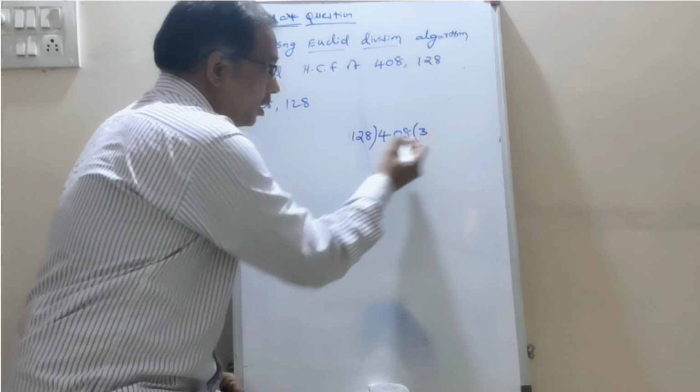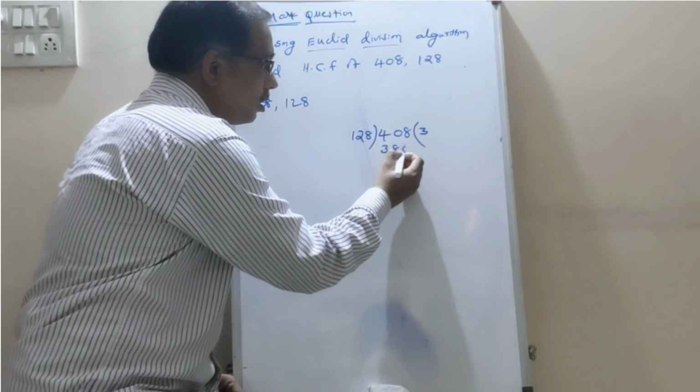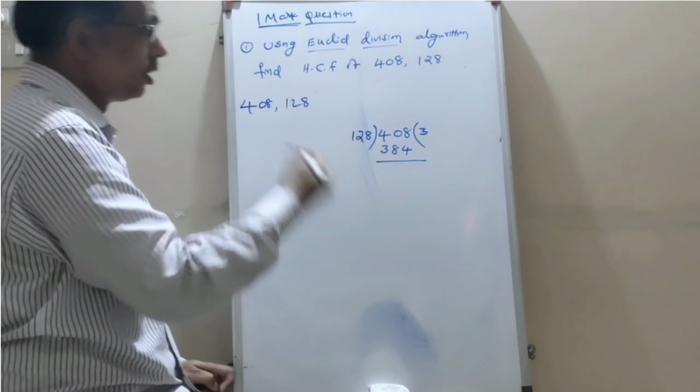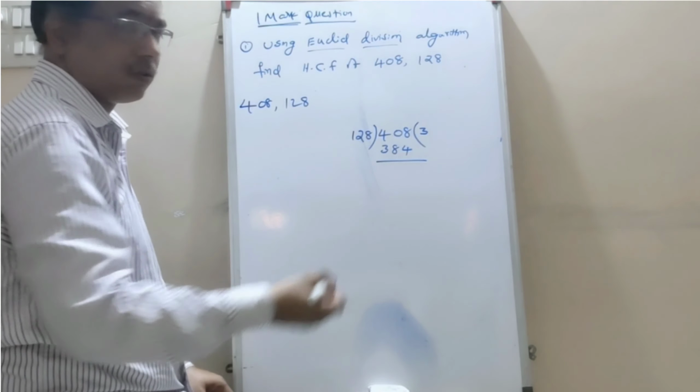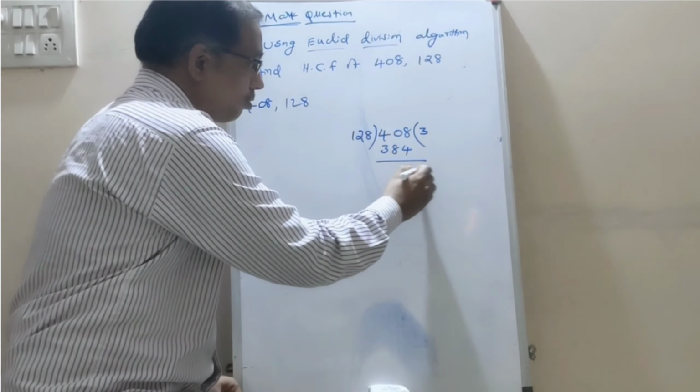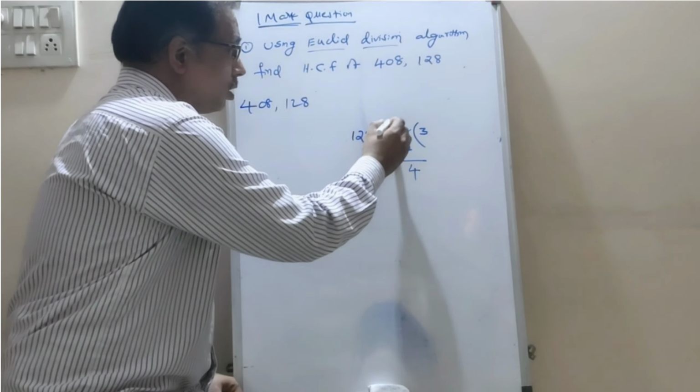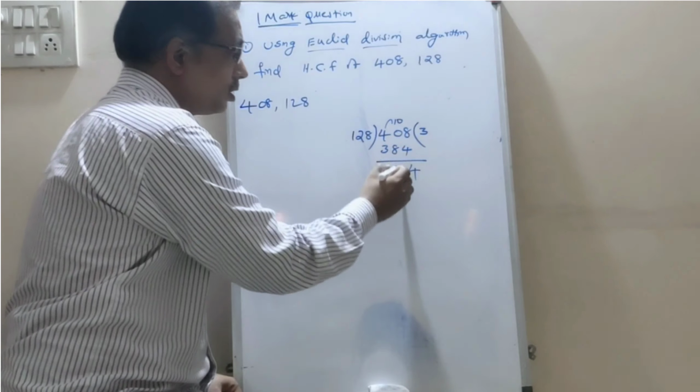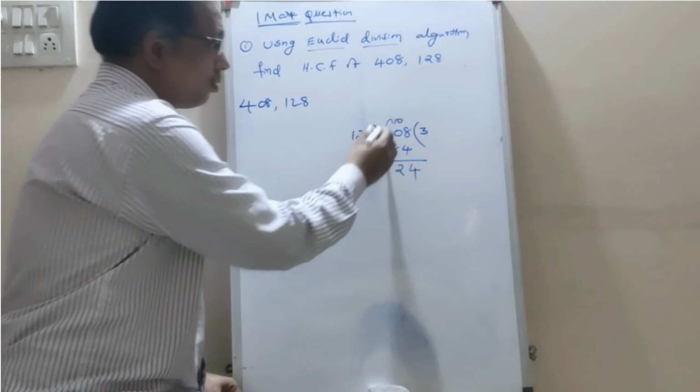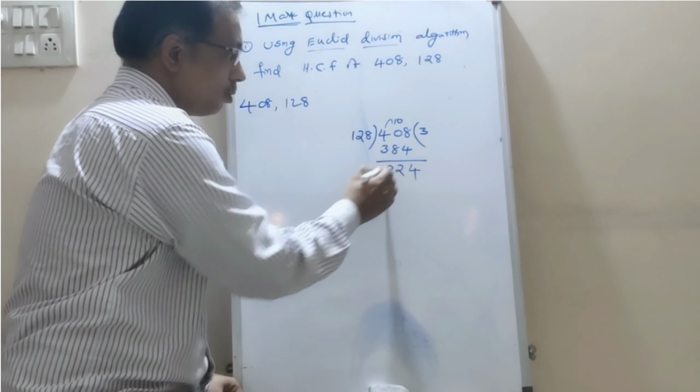So it will be taken as 3. Now on subtraction, 8 minus 4, 4. Now we borrow 10, 10 minus 8, 2. Now we get here 3, 3 minus 3, 0.